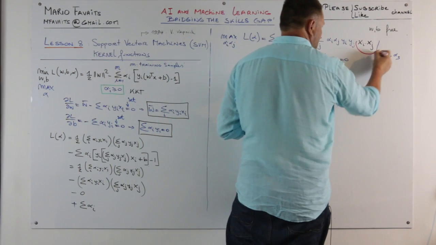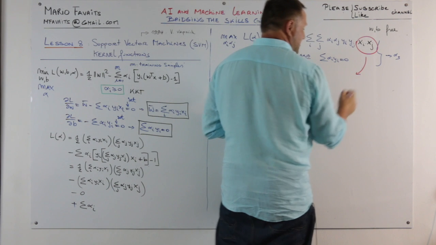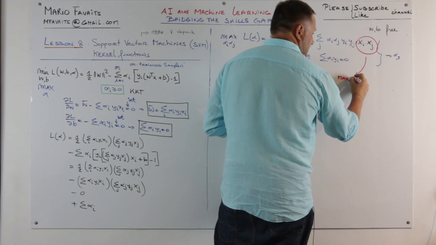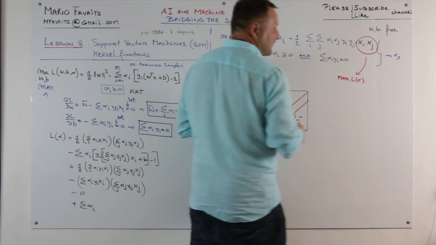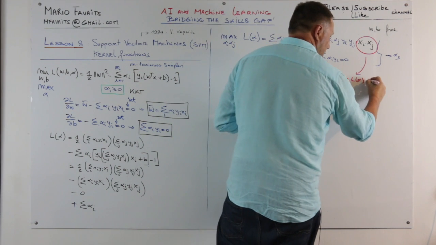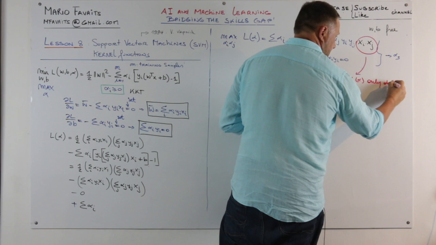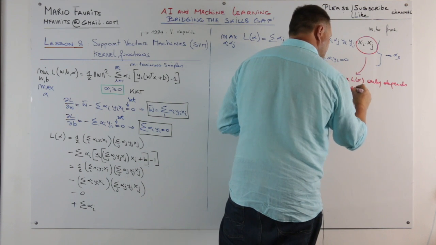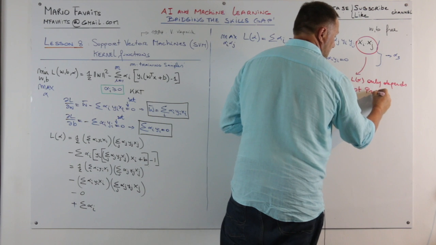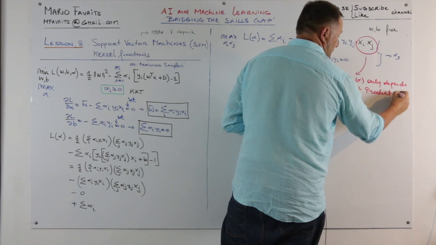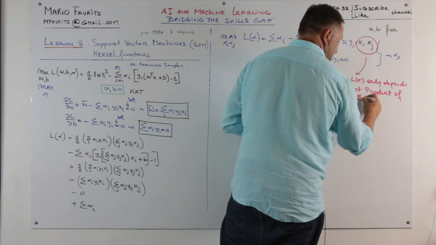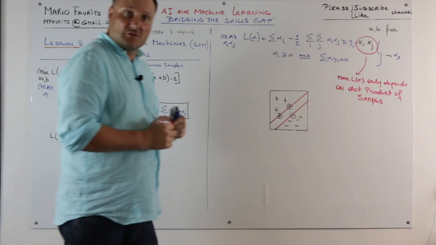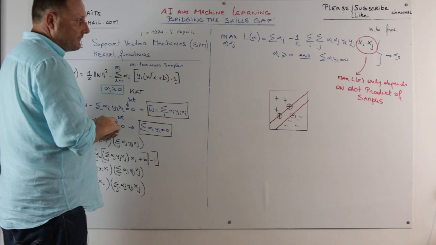First of all, that means that maximizing your Lagrangian with respect to alphas only depends on the dot product of the samples. That's quite an interesting thing to notice.